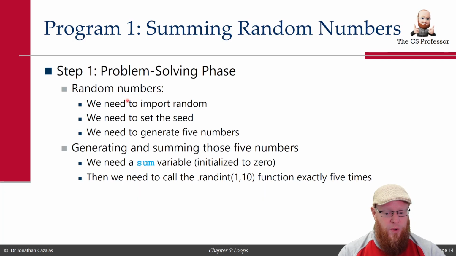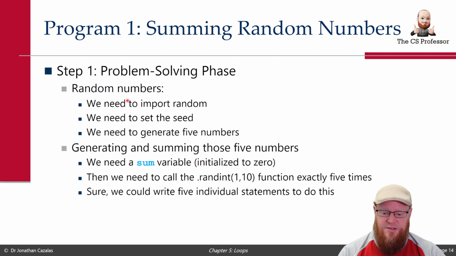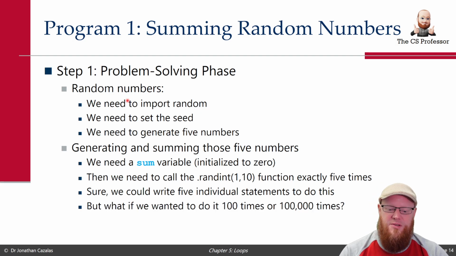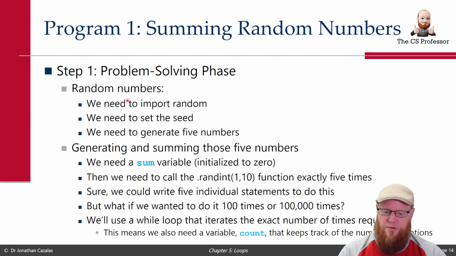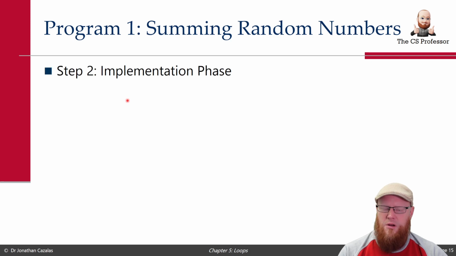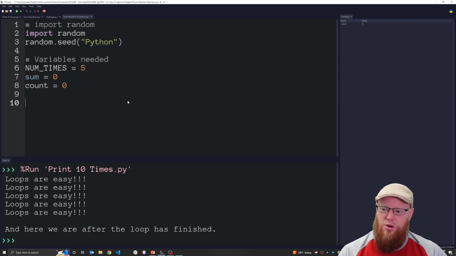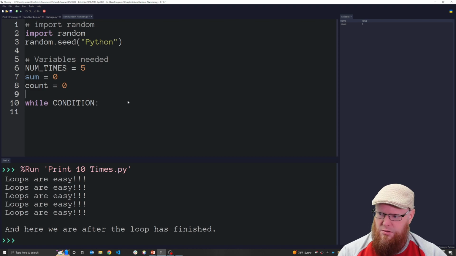And we need to call the randint 1, 10 exactly 5 times. We're not going to write 5 statements. We're going to do a loop for this. So the next slide is simply showing the code. So let's go through this here. We need a while loop. We'll talk about the condition in a moment. What is that condition? Let's go ahead and type the comment.